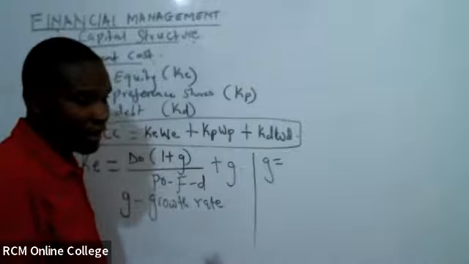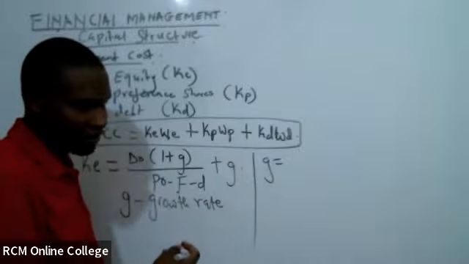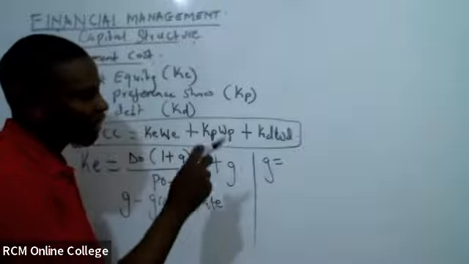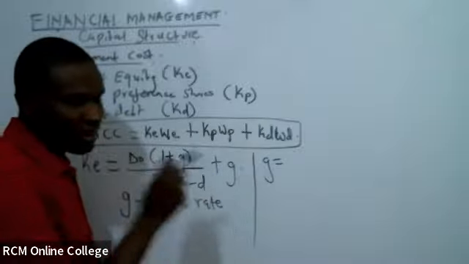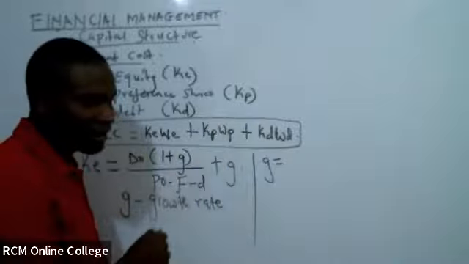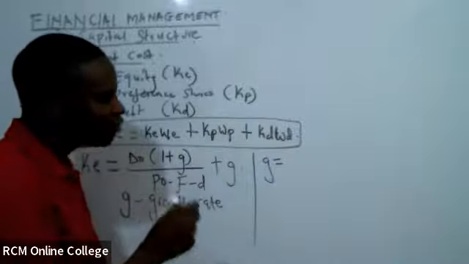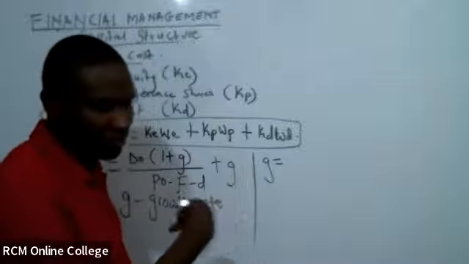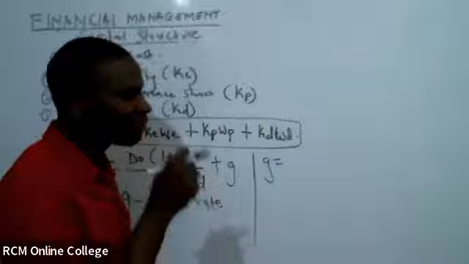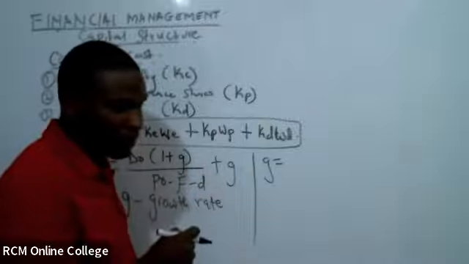Examiner anaweza kupatia hiyo, whereby you'll be required to take the current dividend divided by the previous dividend or past dividend, whatever you get, you square root of that. After that, you less what? You less 1. That is the growth.